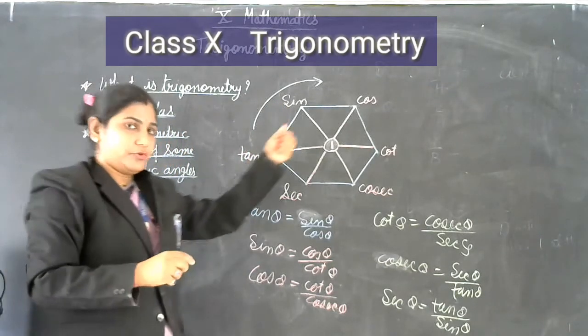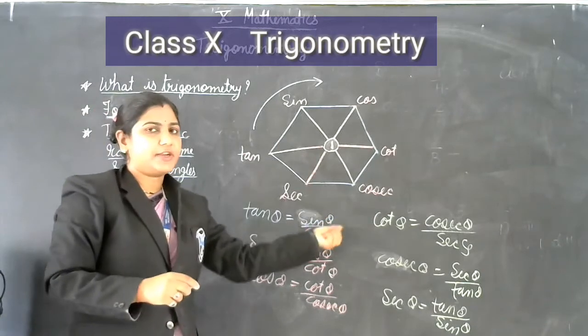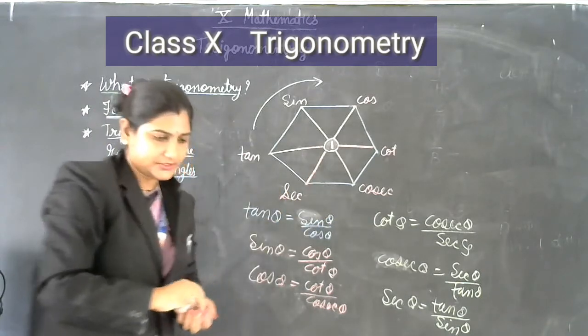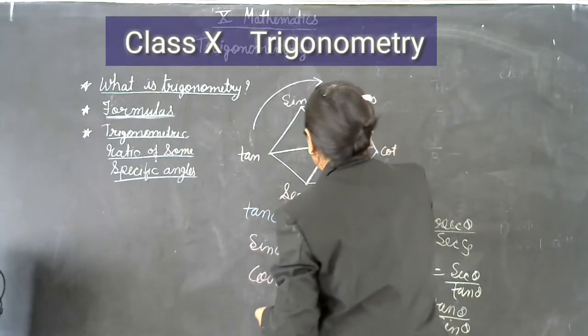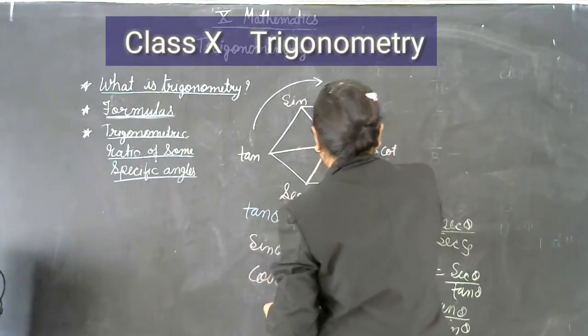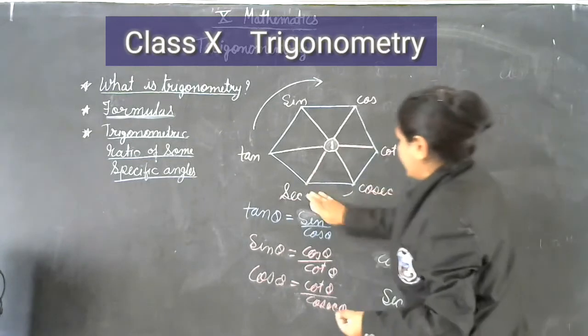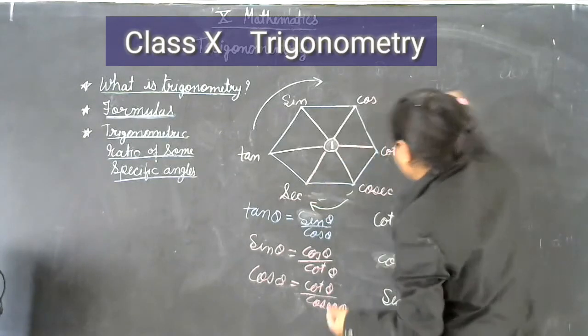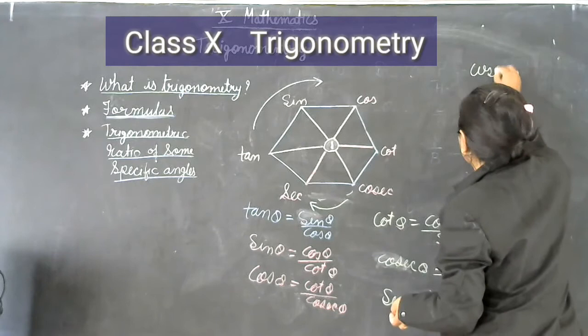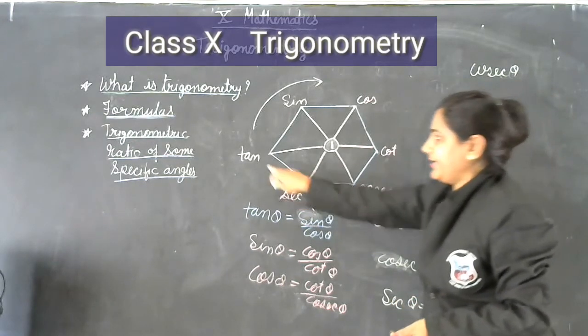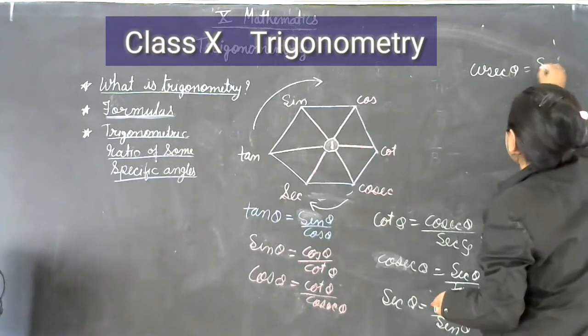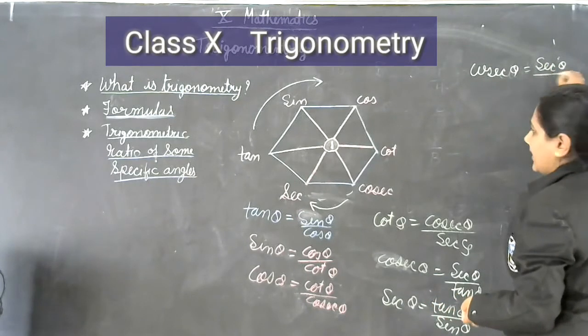And if we move anti-clockwise, then also we can write the formulas. See how? If we are moving anti-clockwise, start from cosec theta. Cosec theta, 1, equals the ratio of second and third: sec theta upon tan theta.